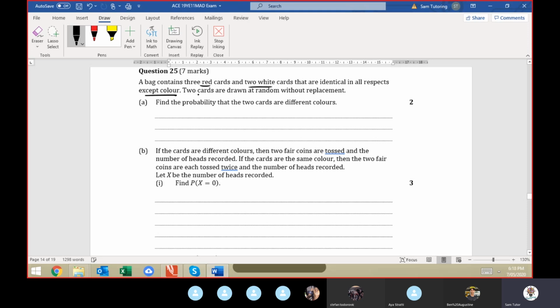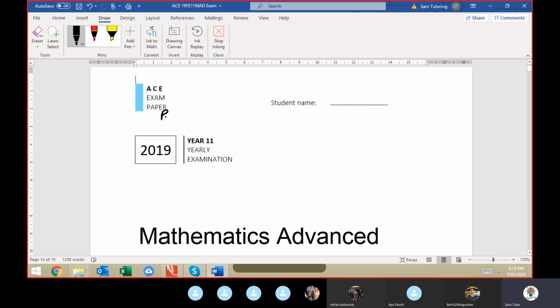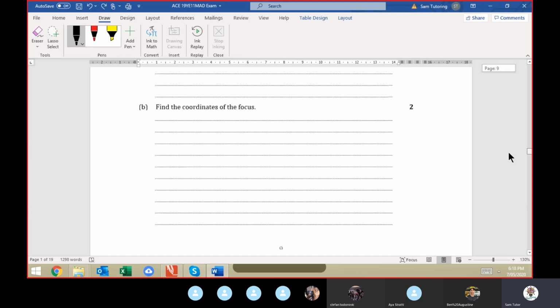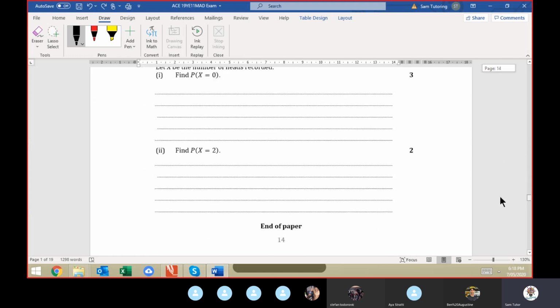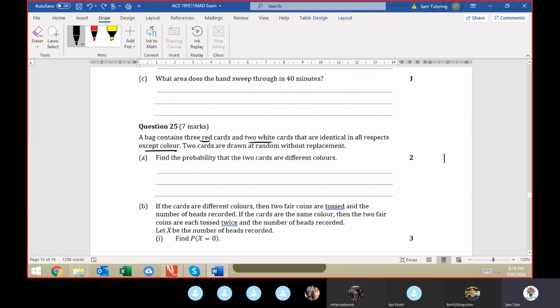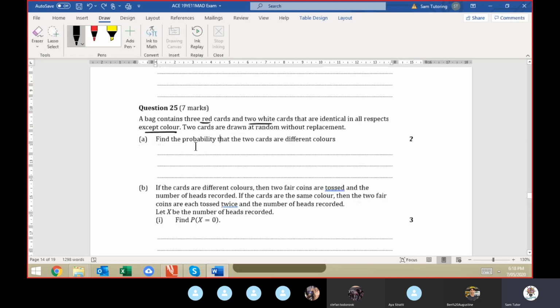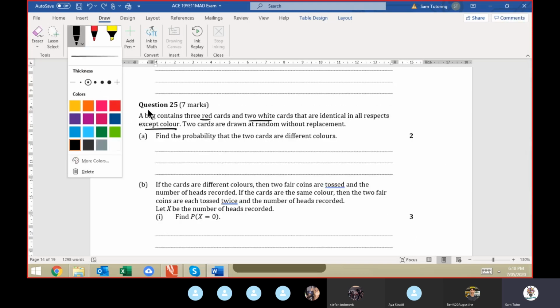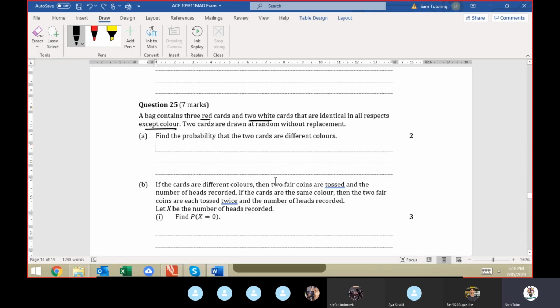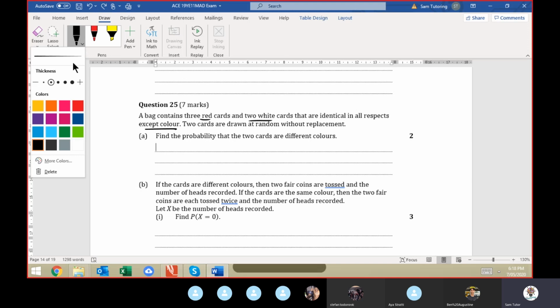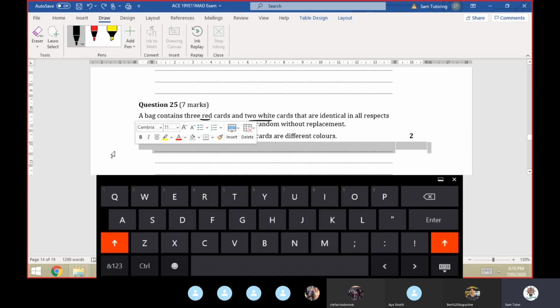For them to be different in color, you would need to have your first one to be red. You would want the first one to be red. What is happening? I hate Word. Come on.